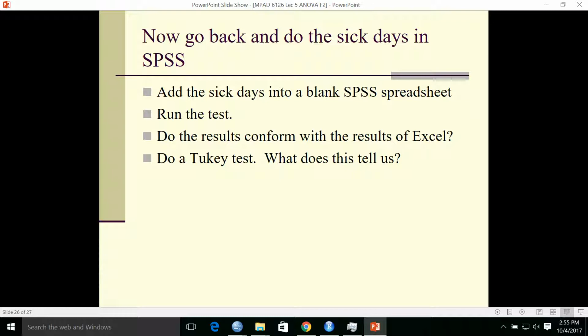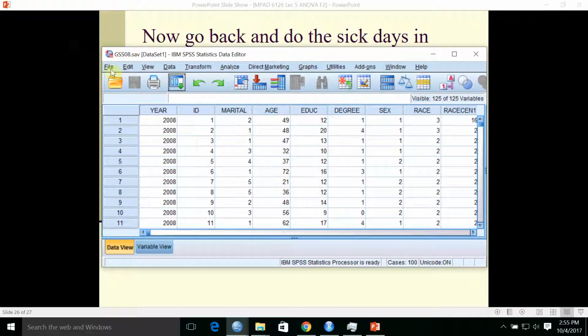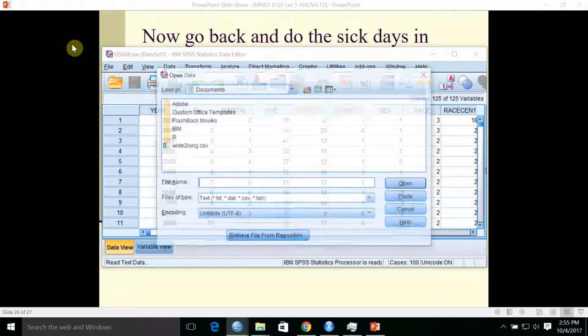Run the test, and then see if the results conform with the results of Excel. And with the Tukey's test, what does this tell us? So I'm not going to do this for you. You can go and do this on your own, but I'll get you started here.